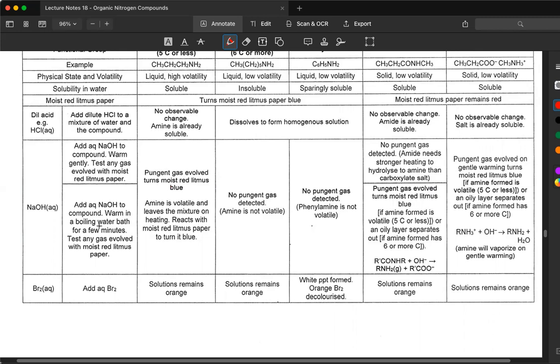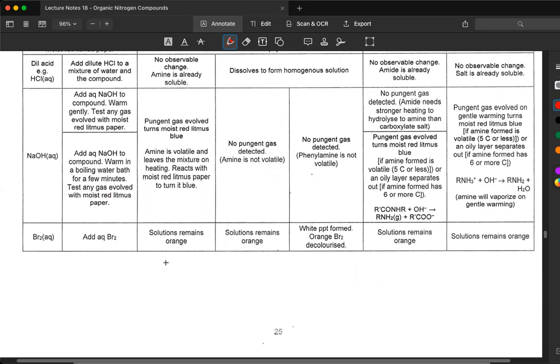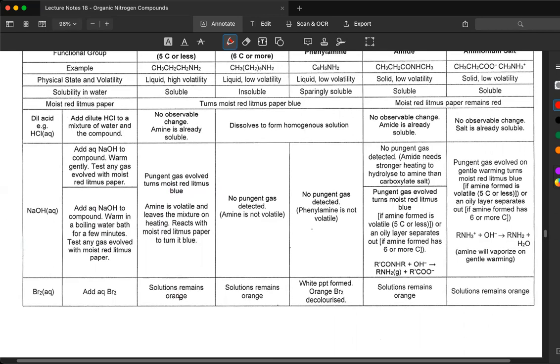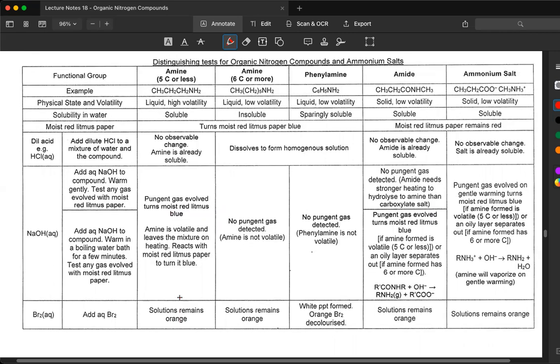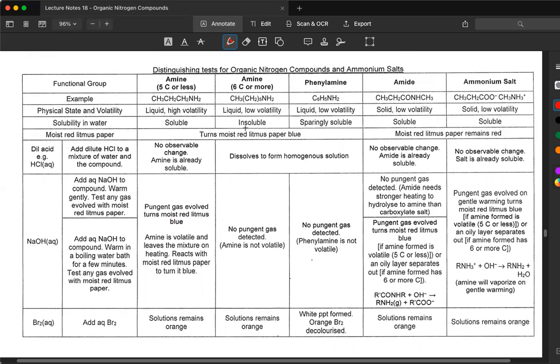Test the gas, but this one will take a bit more time. Amine is volatile and leaves the mixture on heating, so it will be alkaline and turn litmus paper from red to blue. For Br2, no observed change. The solution remains orange for bromine.